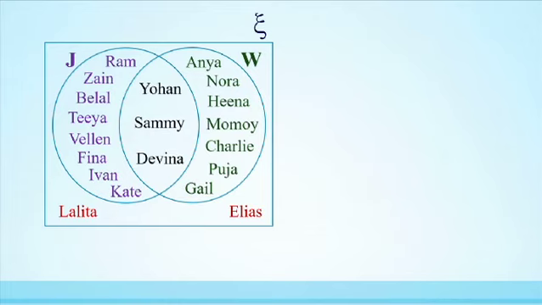In the set W, we have Anya, Nora, Hina, Momoy, Charlie, Pooja, Gail. Yohan, Sami, and Devina are repeated again in the set W. Also, we have two students outside the sets who are Lalita and Elias.